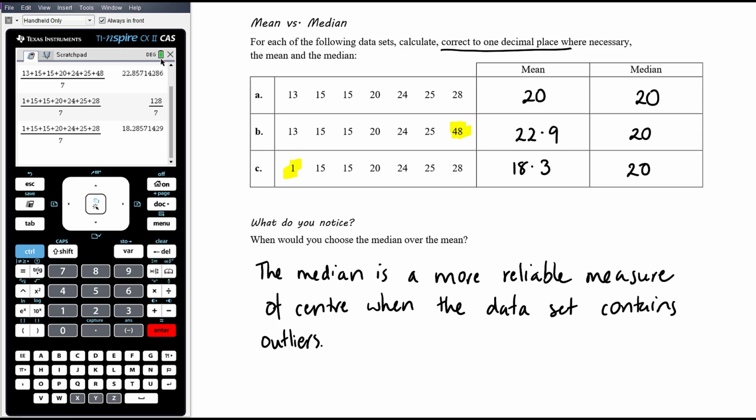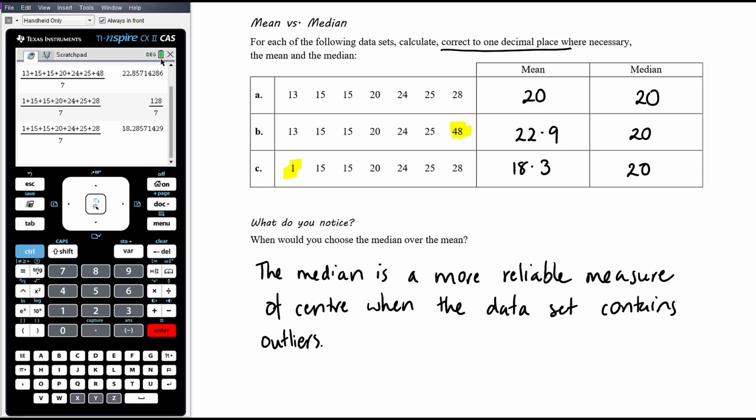Another example where median is commonly used is in house prices. You'll see newspaper articles talk about the median house price in Melbourne, or the median house price in a particular suburb has gone up or down or is higher than the median house price in another suburb. So they tend to talk about median house prices rather than average house prices. And again, that's because there can be significant variability and hence there can be outliers in the data set.